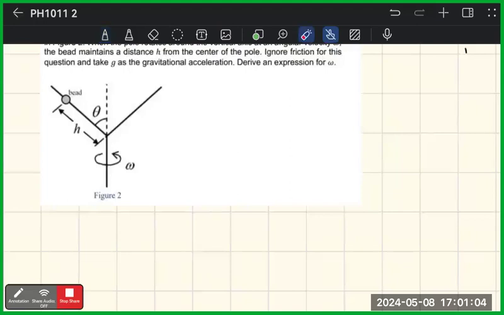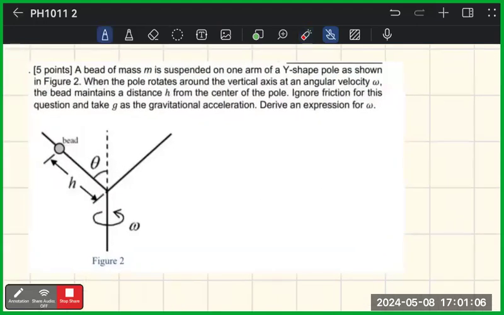The question already told us that we should ignore the friction. What do they mean by the friction? The bead can move along this pole, right? Because it can move either further or closer to the center of the motion, the friction would go in either this direction or that direction.